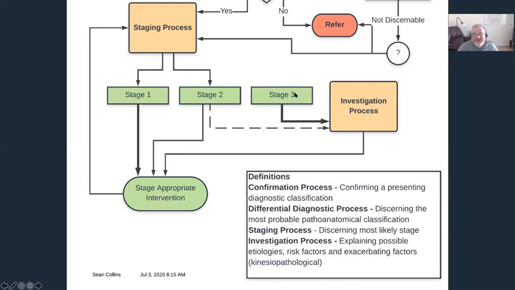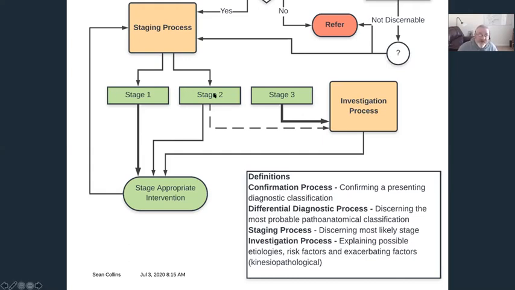There are very little concerns regarding exacerbating the situation with an intervention. I mean, you can, but it's less concerning that you would make things worse. Stage 2 is sort of in between stage 1 and stage 3. And I'll talk more about those stages when we go into the staging process itself.